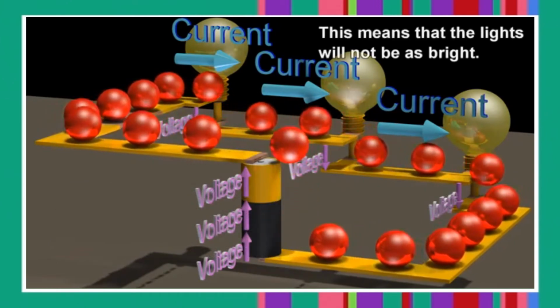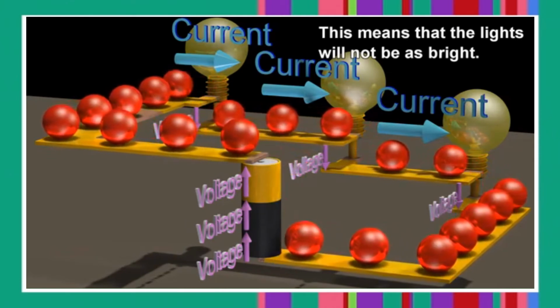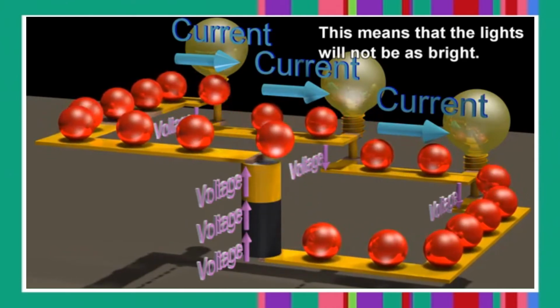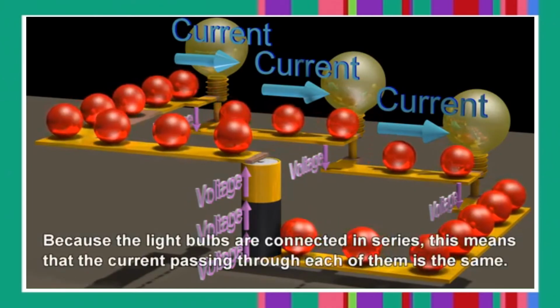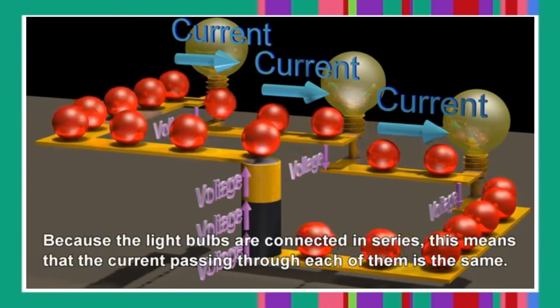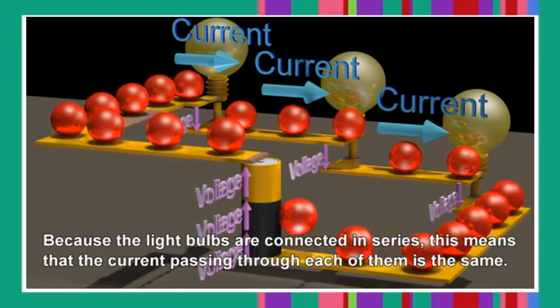This means that the lights will not be as bright. Because the light bulbs are connected in series, this means that the current passing through each of them is the same.